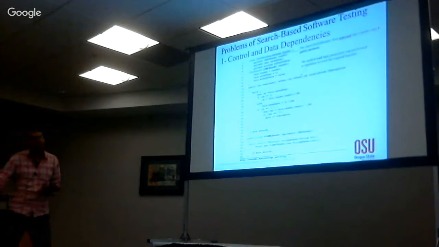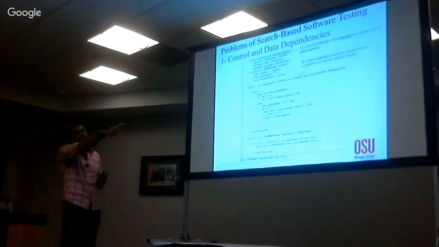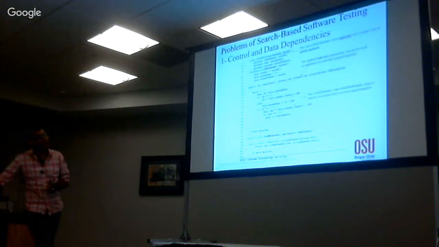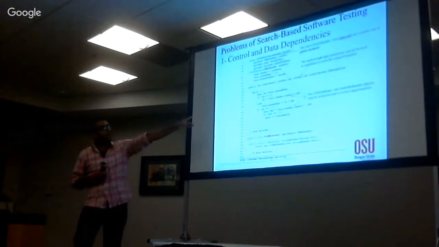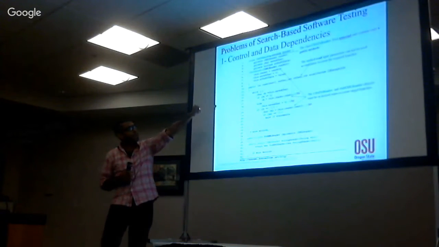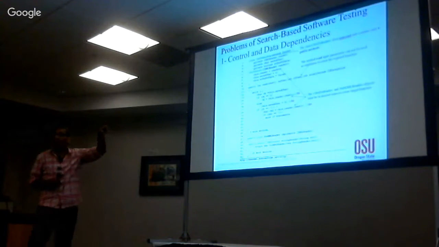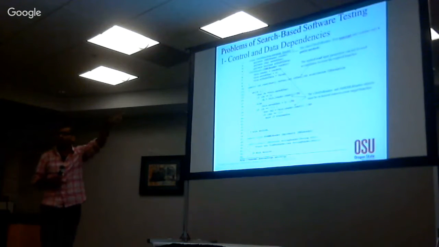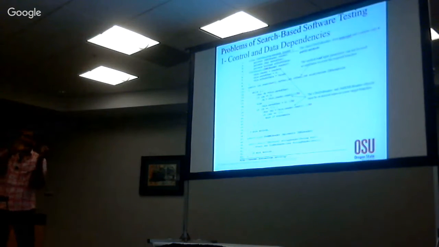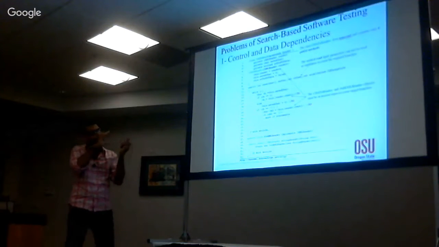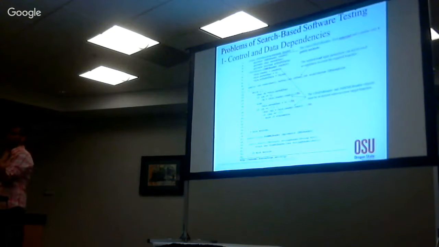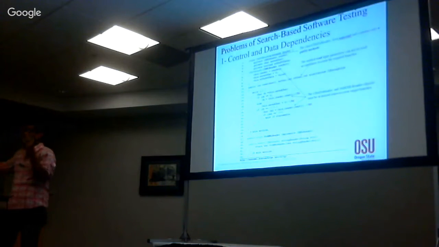However, if you look at one of the methods, none of the parameters affect any of the target branches. But if you look closer, they are affected by a field that is being modified, an object modified in the construction of the class itself. So to cover such branches, you need to have an ordered sequence for your test cases.